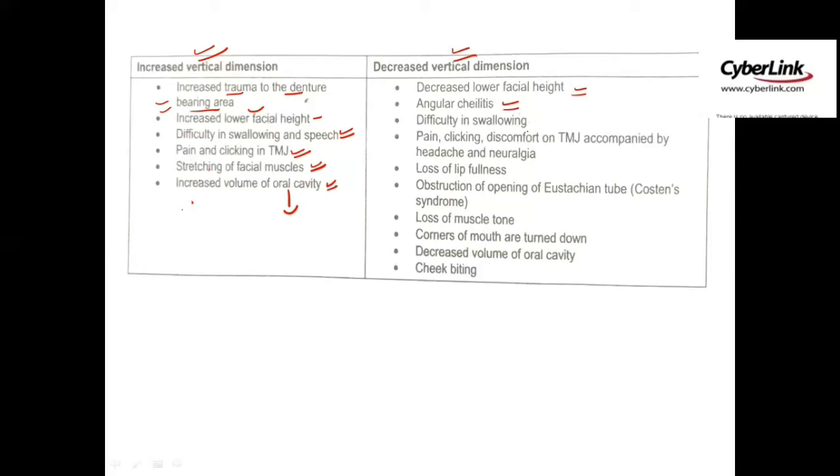Difficulty in swallowing again, pain and clicking discomfort in TMJ, which include headache and neuralgia, loss of lip fullness, which is again aesthetically not pleasing, obstruction of opening of eustachian tube that may cause pain in ear, loss of muscle tone, corners of the mouth are turned down, that gives appearance of edentulous mouth, decreased volume of oral cavity again gives appearance of edentulousness.